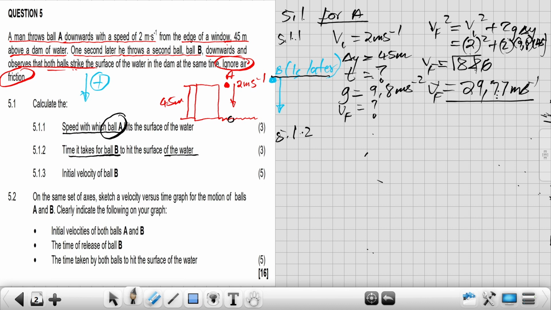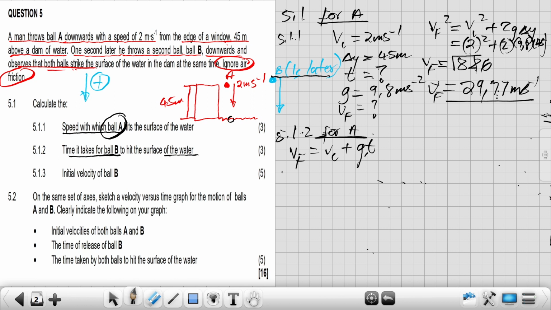So still I will be calculating the information for A. For A, I am going to use the same data as above, but in this case I'm just going to calculate for time. So I'm going to use Vf equals V initial plus GT.